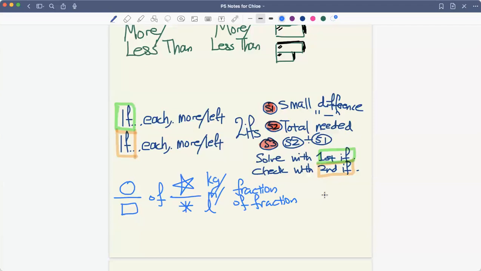So your of is actually a times. This is a times.